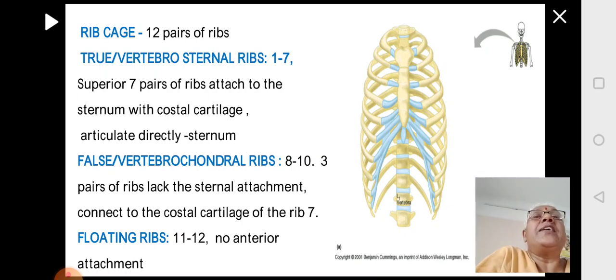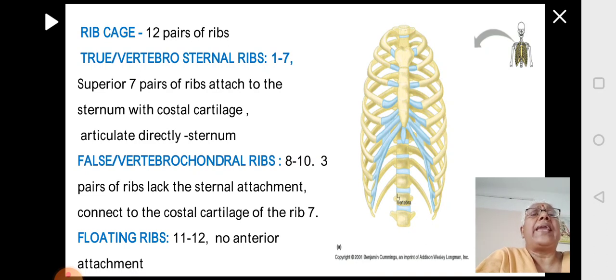Because the first 7 ribs are directly attached to the sternum with the help of the costal cartilage. They are called true ribs or vertebrosternal ribs.